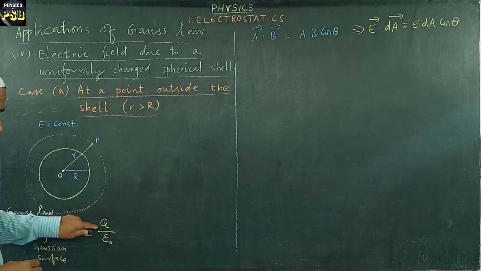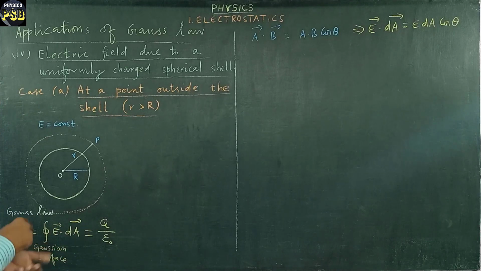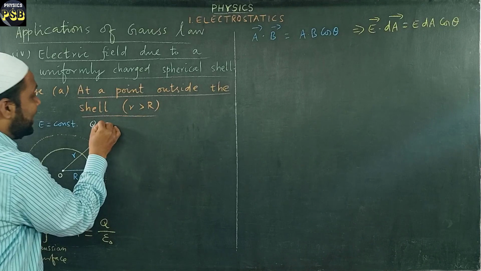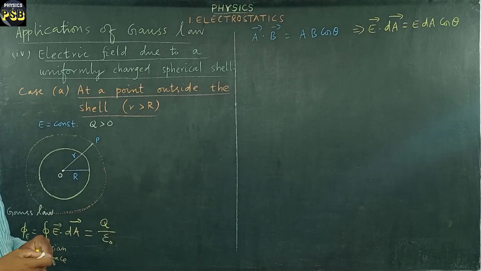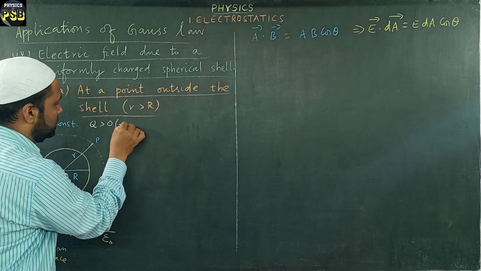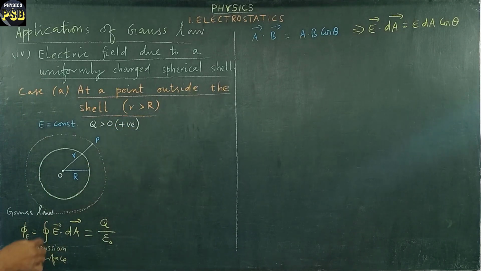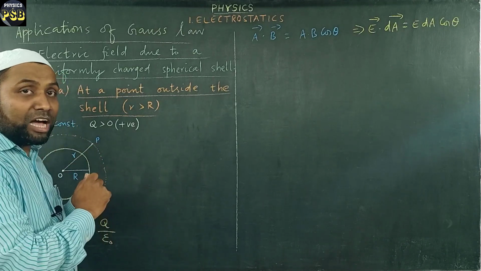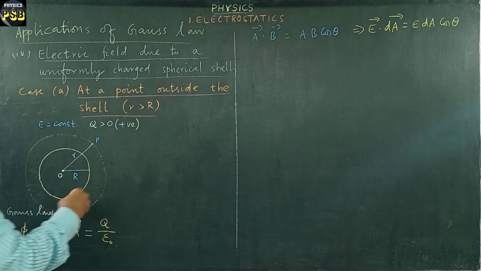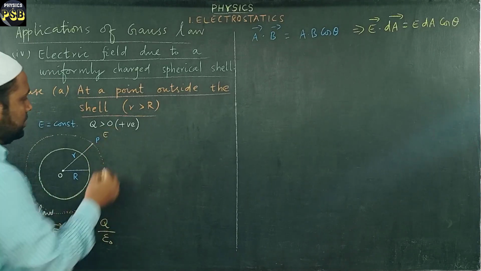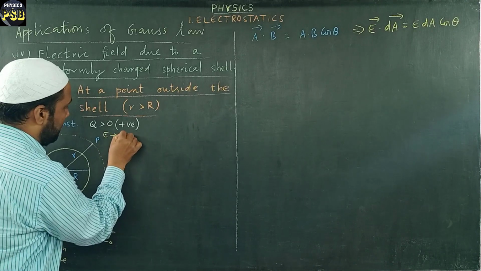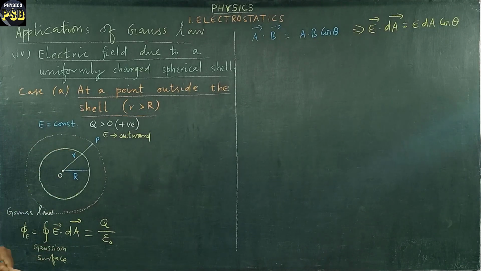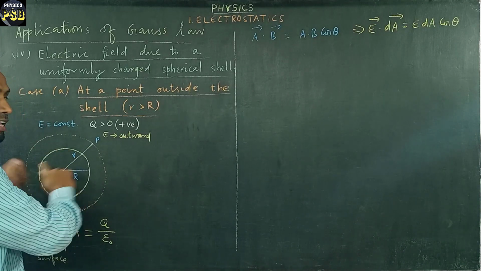But here, one thing I forgot to mention. Suppose the charge Q is greater than 0. When I say a charge is greater than 0, that means the charge is positive. In such a case, the electric field produced by those charges acts outward. Suppose this shell has positive charge, then the electric field will be acting outwards.